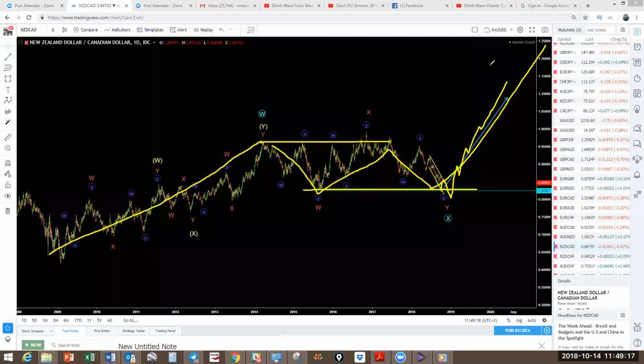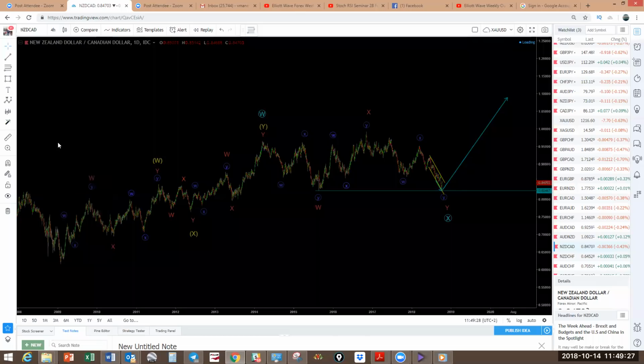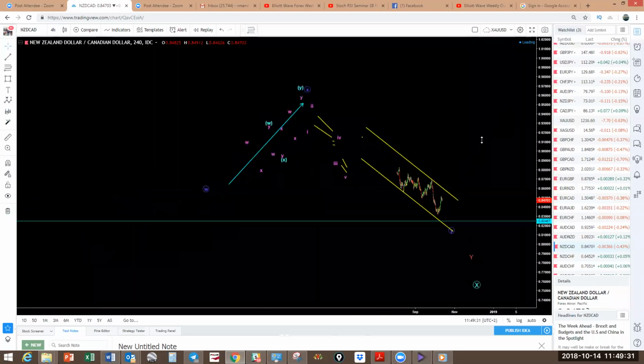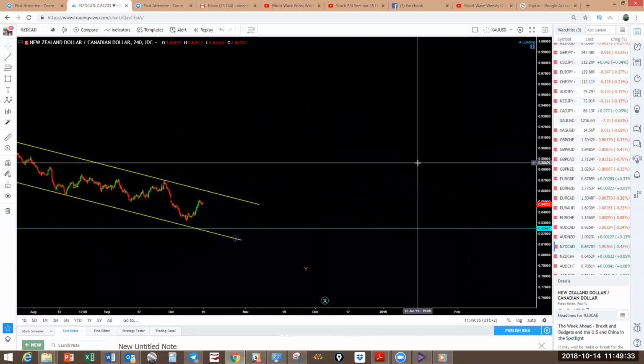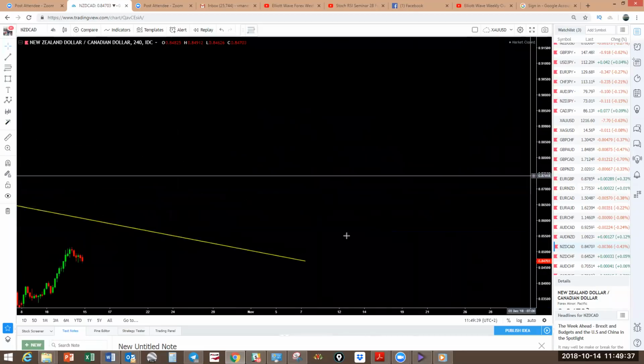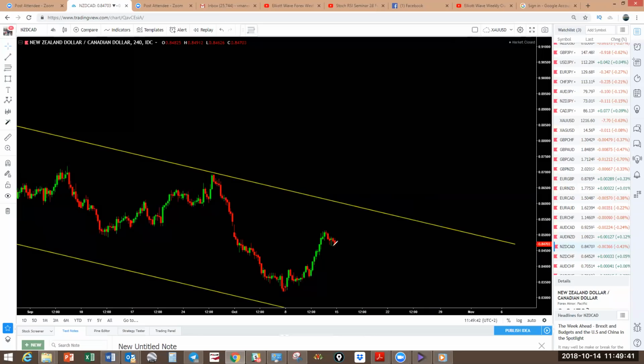Okay, so we need to see. Let's go into the lower time frame and see what's going to happen, whether we're going to get one down or whether it's going to go from there. I'm anticipating one down. But it doesn't matter what I want. What matters is what the market gives us. We've got a clear impulse. Now we've got a correction. So that means we're going to get a push higher. A clear impulse and a correction. When this breaks to the upside, you want to be in this trade.